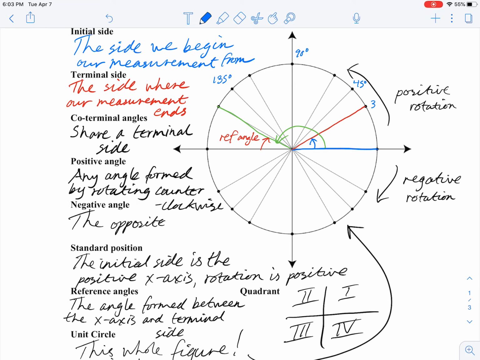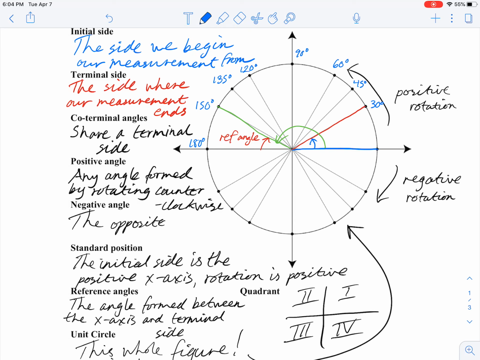We also have 30 degrees, 60 degrees, 120 degrees, 150 degrees, and 180 degrees.